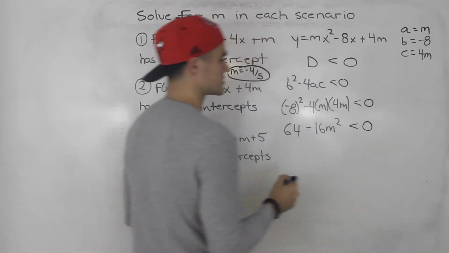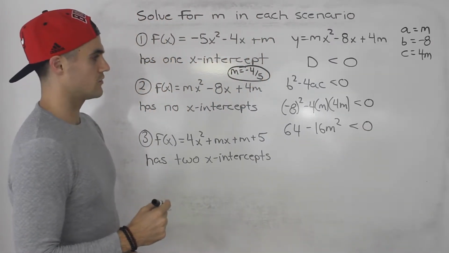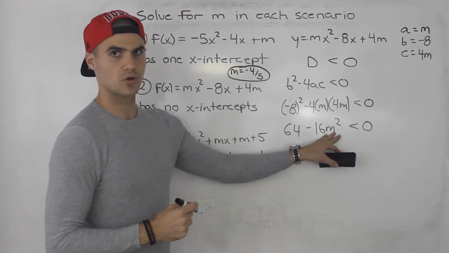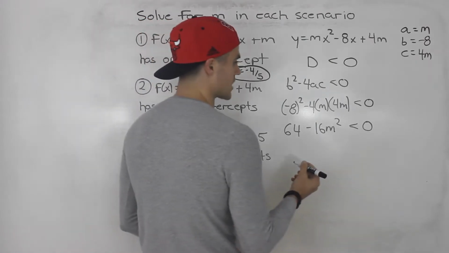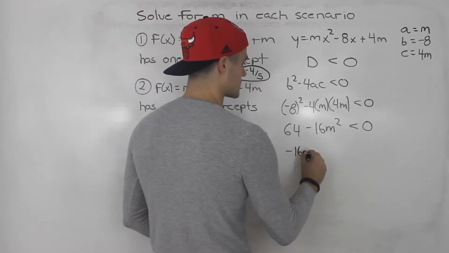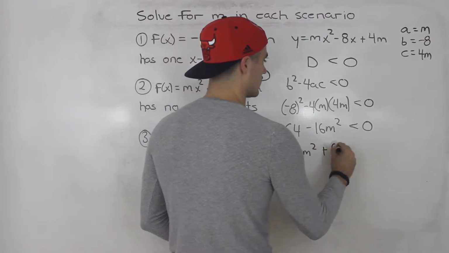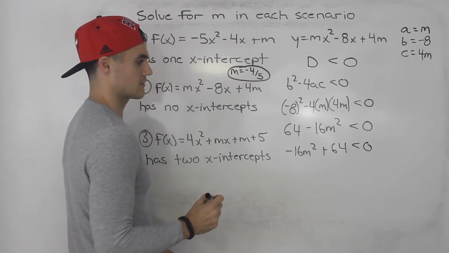And this has to be less than 0. Now, there's multiple ways to solve this. Once you get to this point, once there's a quadratic here, I would factor it or find the intercepts. So let's rewrite this, negative 16m squared plus 64. When is that going to be less than 0?